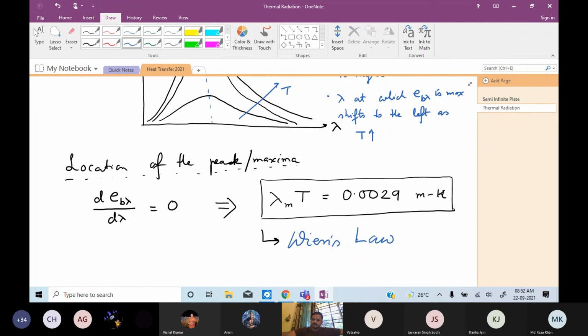What do you think? Can you be louder? I think yes, because only the value of E_b lambda should be scaled up or down by emissivity, but the wavelength should be the same. Okay. Any other thoughts? Any conflicting thoughts?